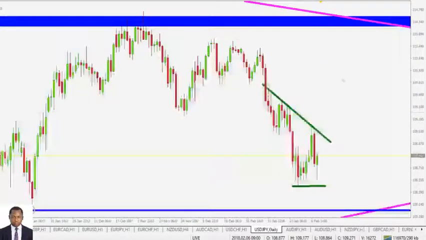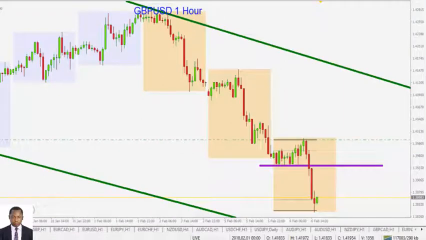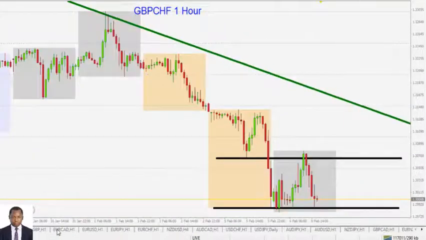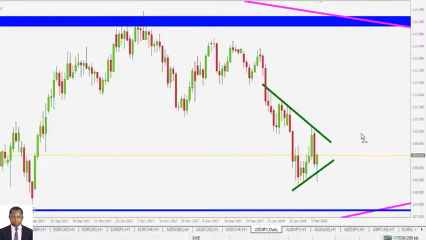American dollar against the Japanese yen. Lots of rejection here. Let's see. American dollar against the Japanese yen. Heavy rejection with this pair.